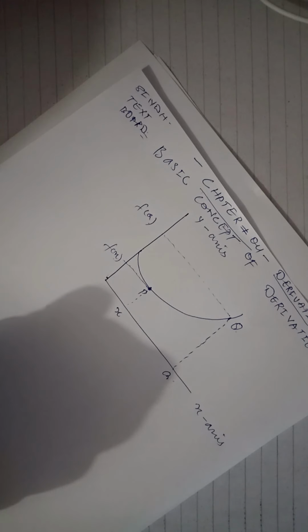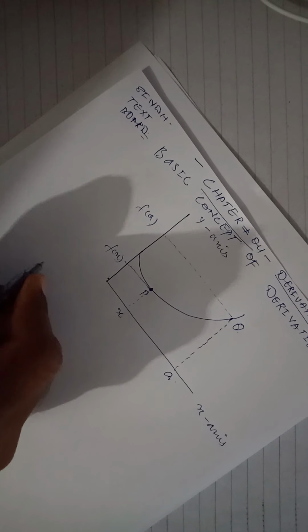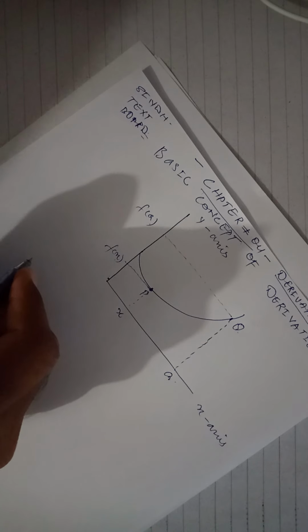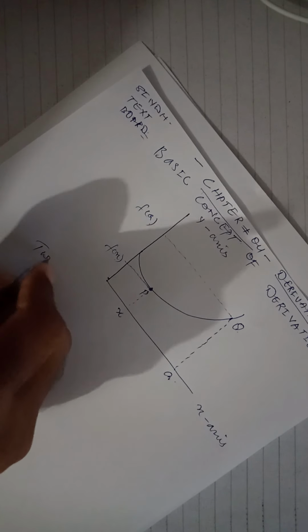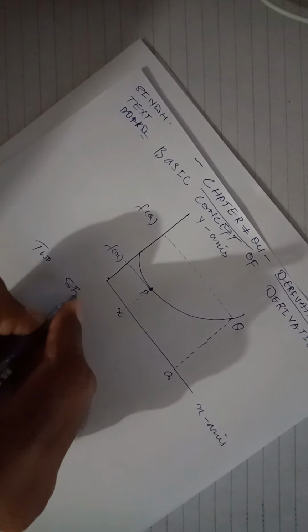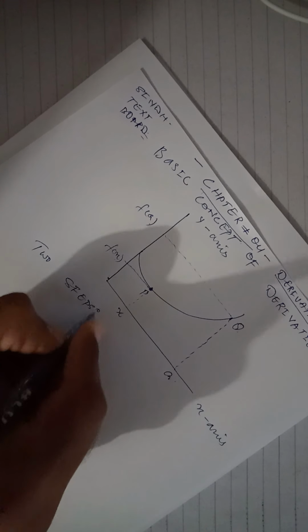Now, to find the tangent line we have two steps.